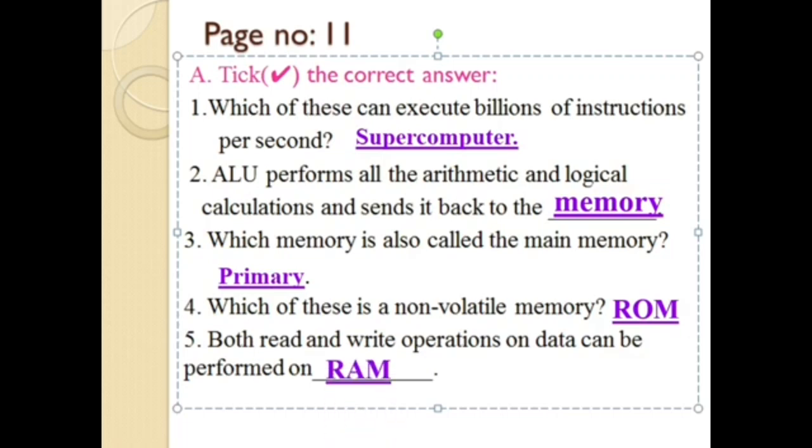So in RAM, data can be read and we can write, both can be performed in RAM only. So first one, supercomputer. The second, memory. Third, primary. Fourth, ROM. And fifth one is RAM. Note it down, children.